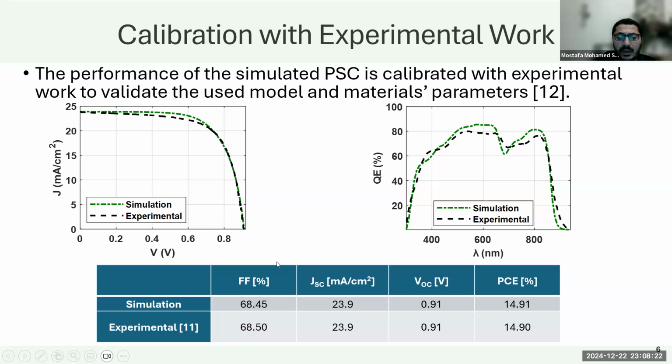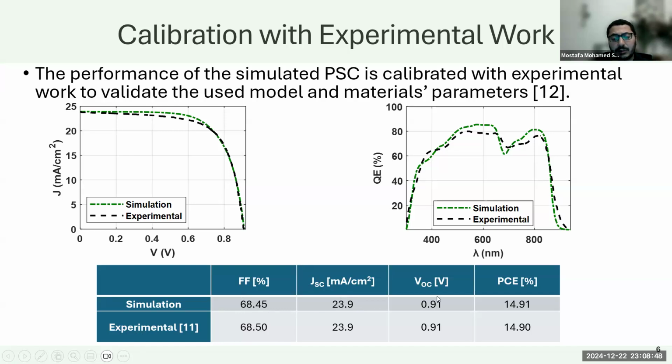To conclude the output performance parameters, the fill factor of the simulation is 68.45 versus the experimental is 68.5. The short circuit current density is 23.9 milliampere per centimeter square for both the simulation and the experimental work.